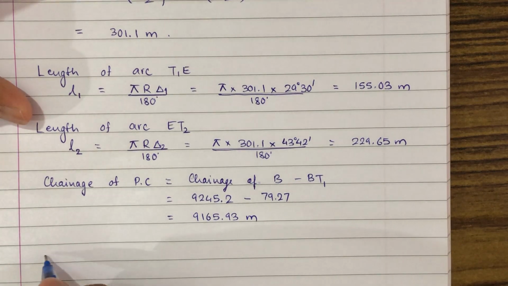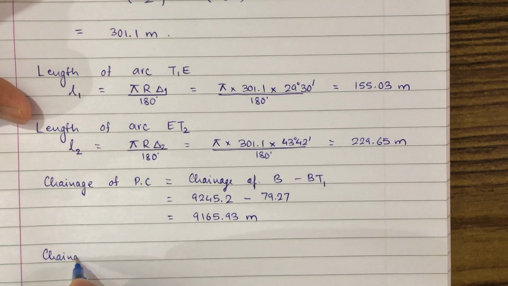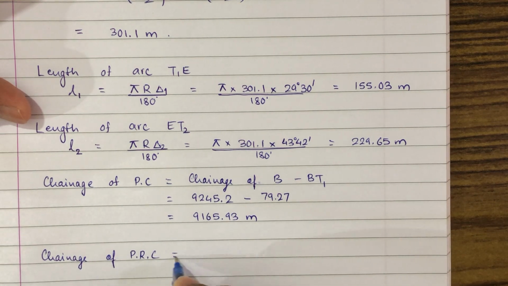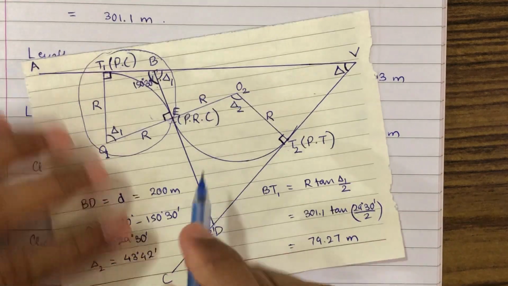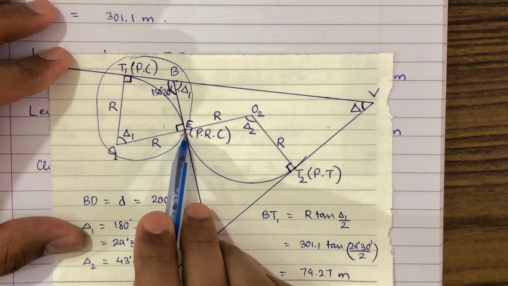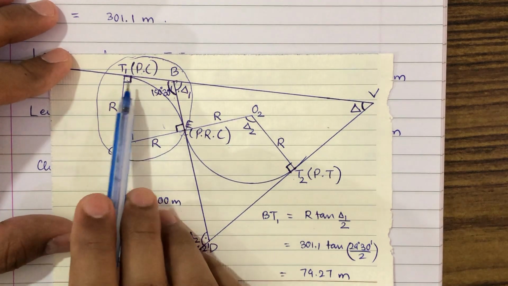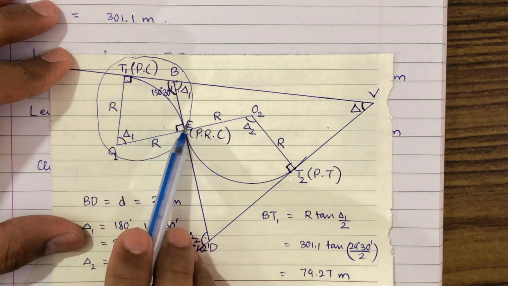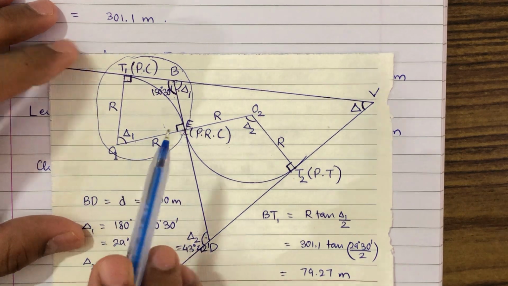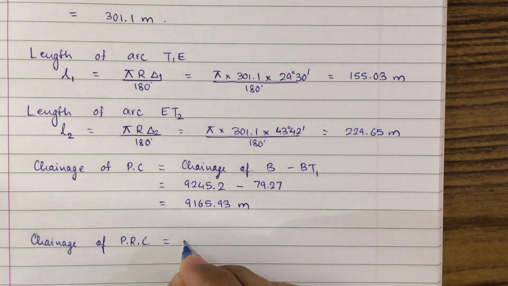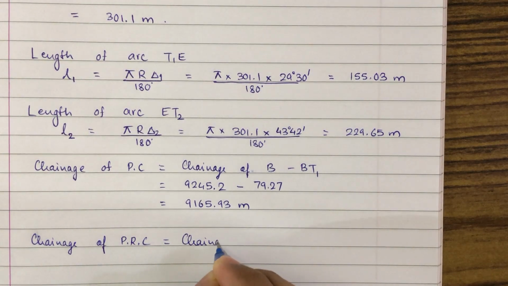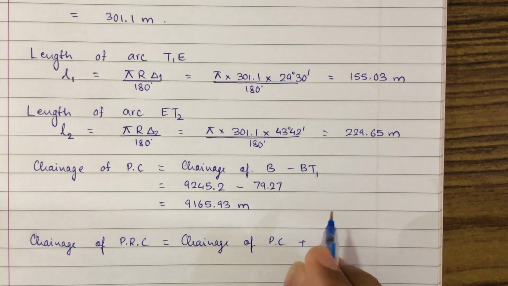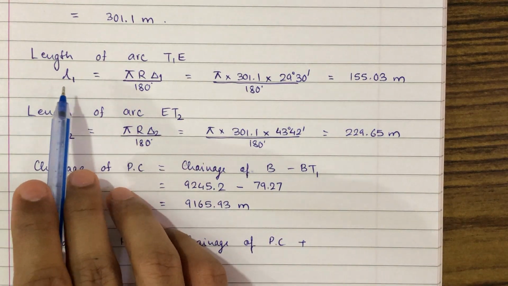Next, we need to find the chainage of PRC, that is the point of reverse curvature. The point of reverse curvature is this point. That will be the chainage of PC plus the length of arc T1E, which is L1.